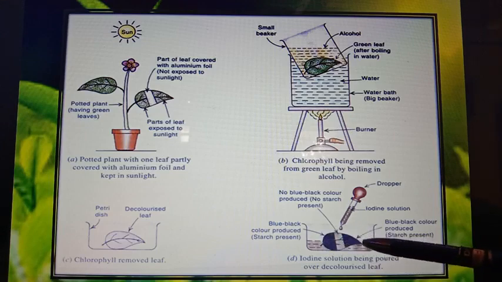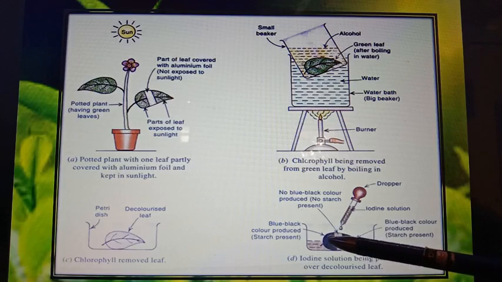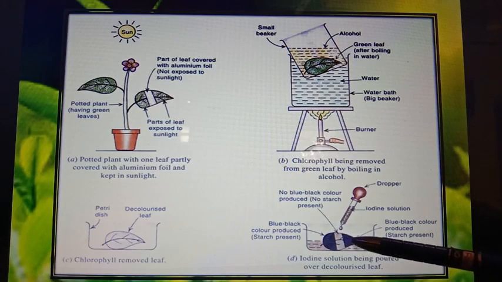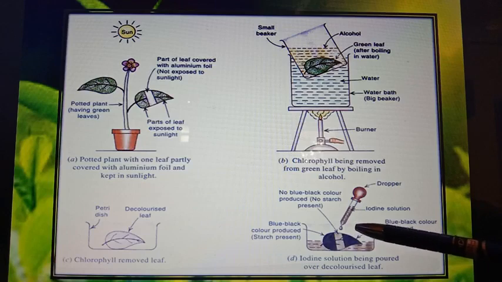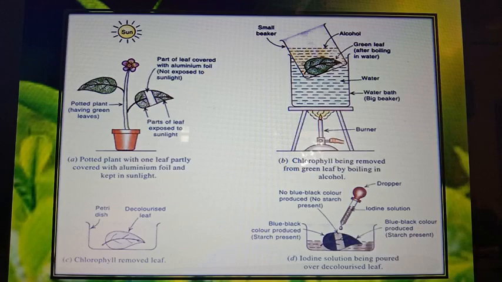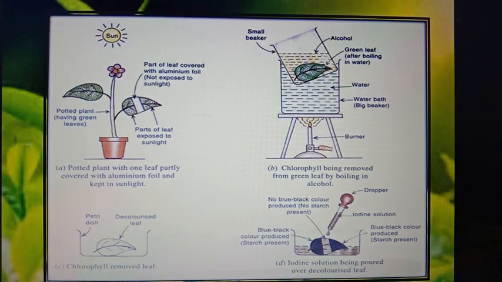But the uncovered area of the leaf turns blue-black. Why? Because this part had received proper sunlight and the photosynthesis process took place. For that, iodine color changes to blue-black in the presence of starch. So by this experiment, we can prove that sunlight is very much essential for the photosynthesis process.